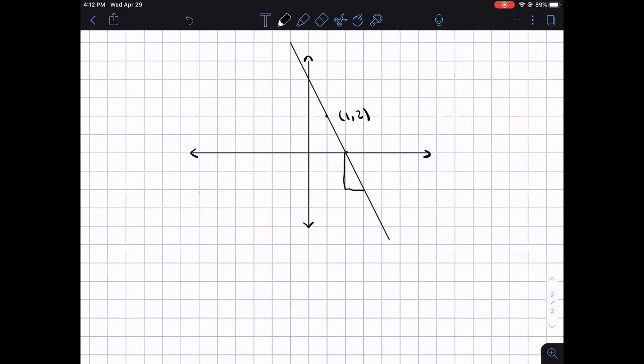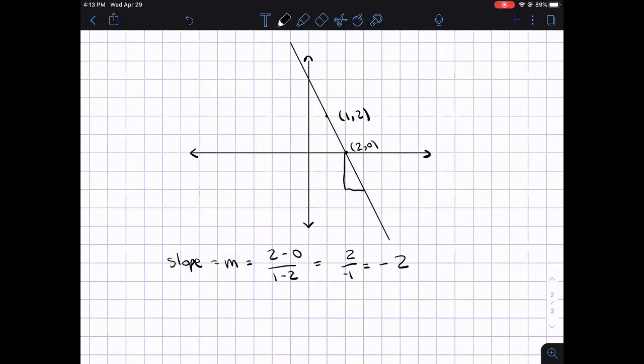Given any two points, let's say 2, 0 and 1, 2, the slope, which is equal to m, is 2 minus 0 over 1 minus 2. This is equal to 2 over negative 1.